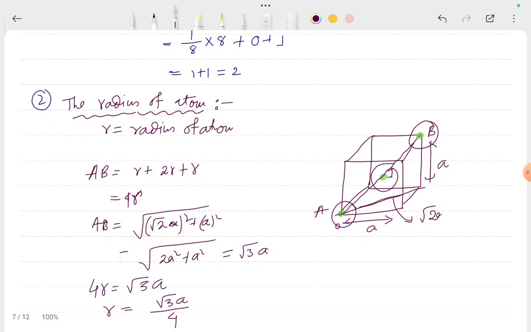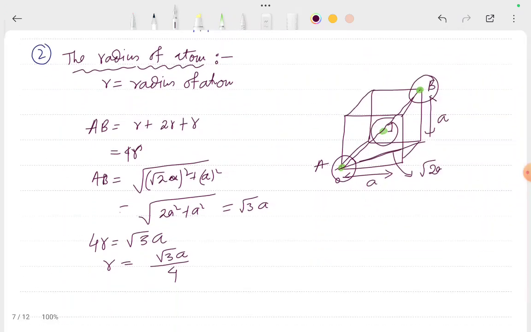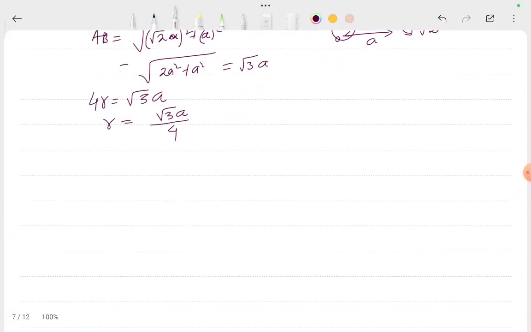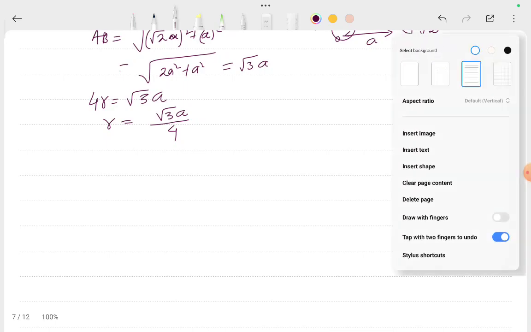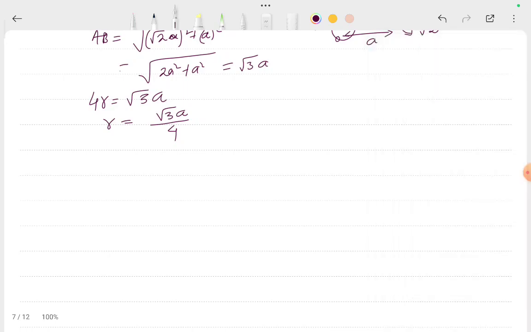Okay, that's fine. Now we calculate the volume occupied by the atoms in the unit cell.